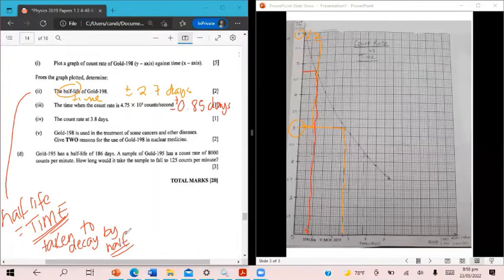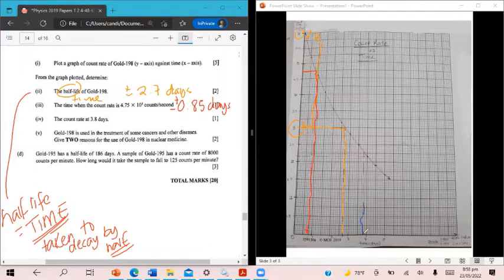All right, the next thing we need to determine is what is the count rate at 3.8 days. So this time we're going from the x-axis and getting the corresponding y value. So we're going to go to 3.8 on our graph. That's my blue line that I'm going to draw. So 3.8, that's right here.